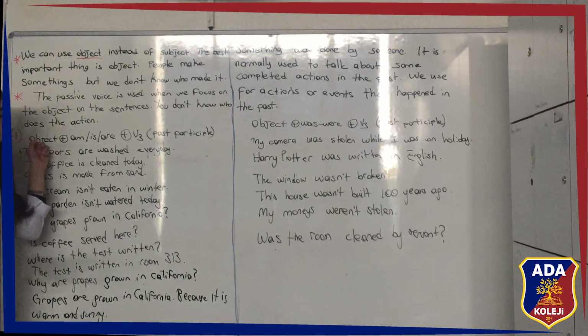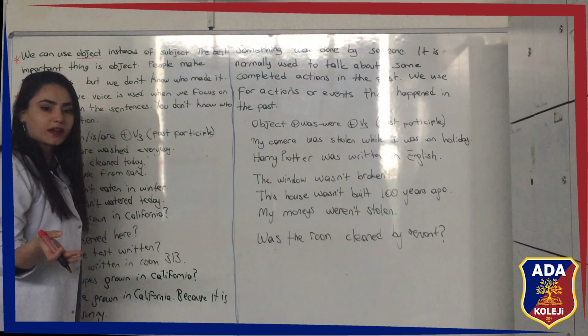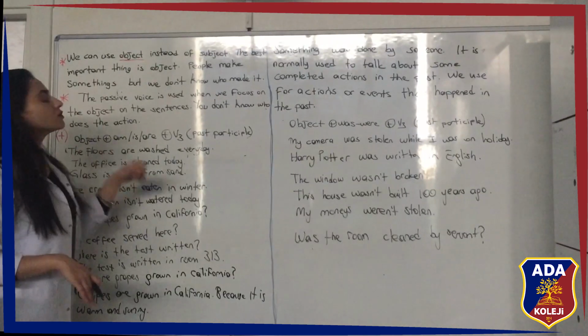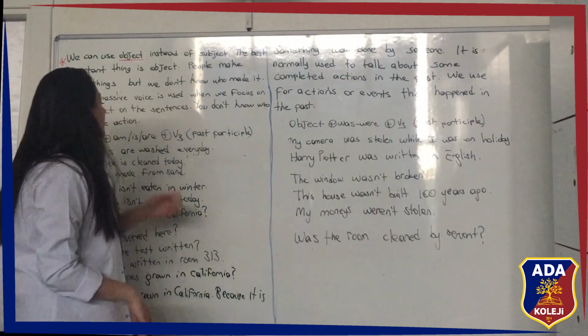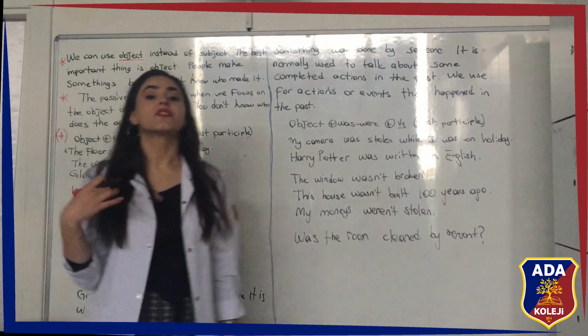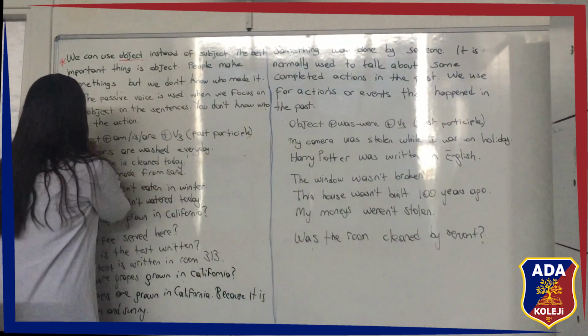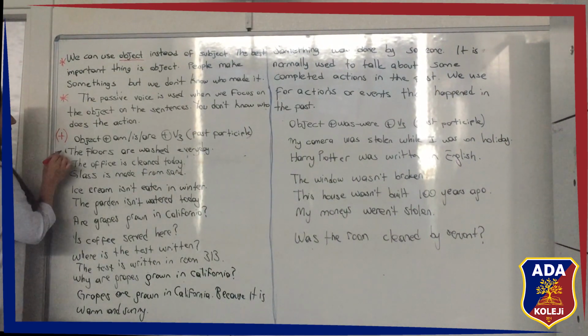It is the affirmative part. Firstly, normally you know that we can use subject, but in here we will use object, okay? Not subject. We will use object, and then we will use am, is, are, and then we will use verb 3. That's to say past participle, friends, okay? Now, first example.